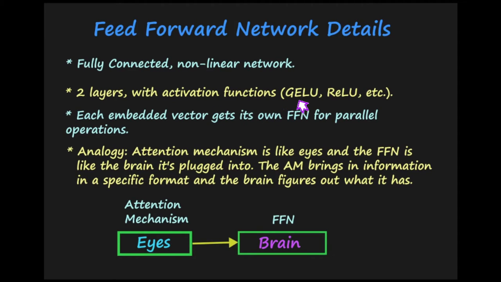I think GELU is used, I believe, in GPT-3. And these are what give the networks nonlinearity. This is what allows them to model complex functions. Without them, the feed-forward network would not work. You need the ability to model complex functions.